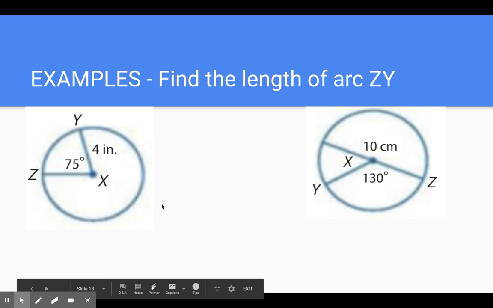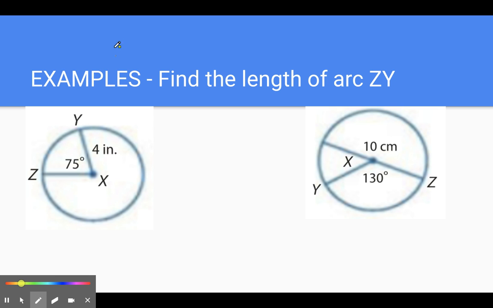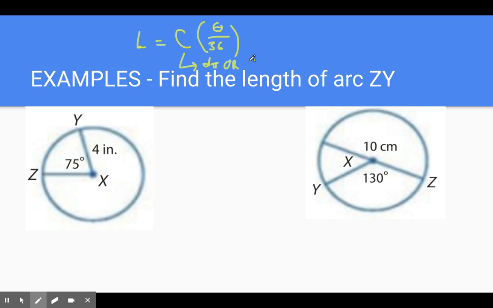Okay, so examples: find the length of arc ZY. If I write the equation up at the top, the arc length is equal to the circumference times theta divided by 360. And remember, circumference is diameter times pi, or instead it could be 2r times pi.